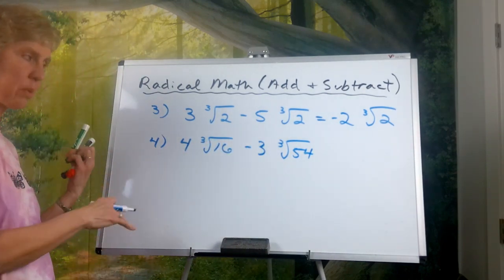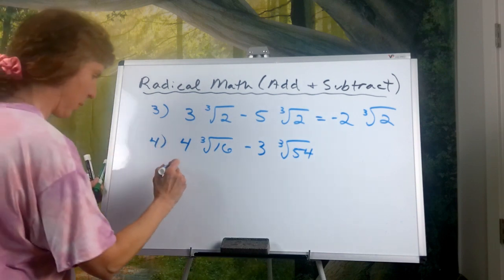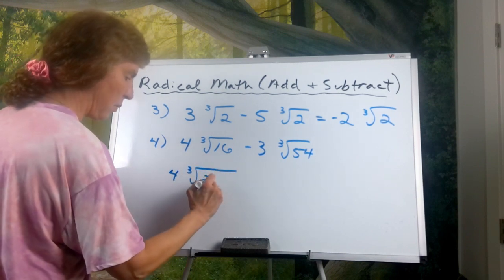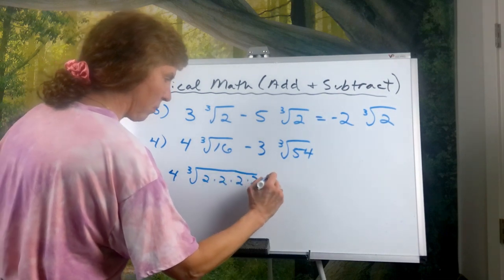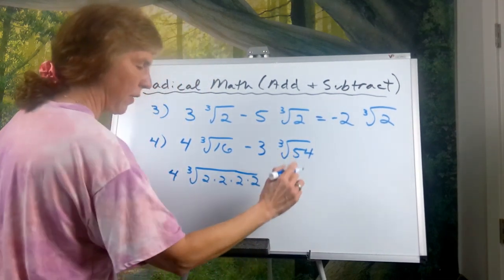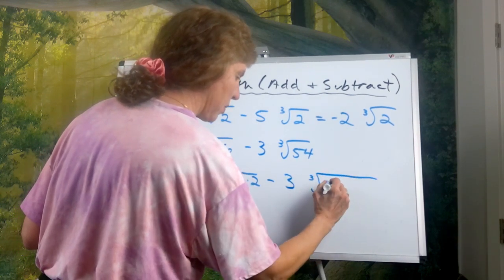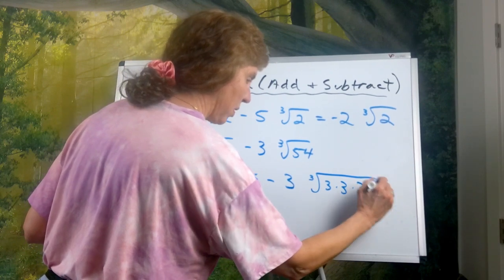So let's simplify both and then see where we go. So I'm going to prime factorize my 16, which is 4 2's. I'm going to prime factorize my 54, which is 27 times 2. So that's 3 3's and a 2.